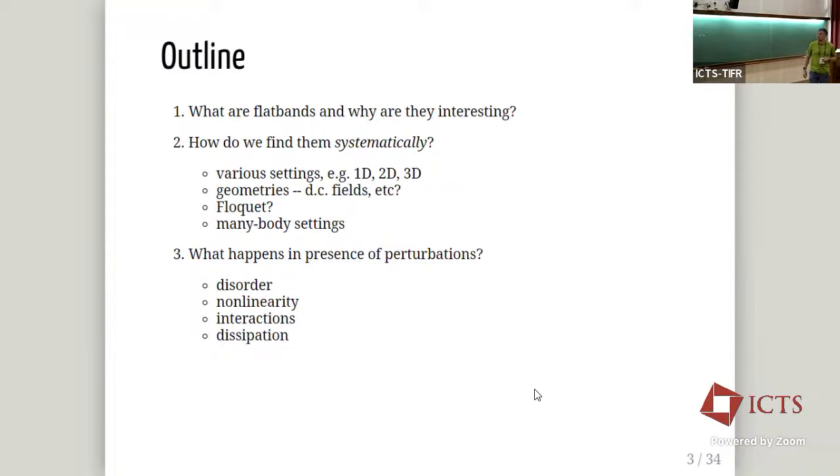We'll then discuss how we can construct them in a systematic way and basically on demand in various settings, varying the dimensions, the geometries, and briefly touch on Floquet and many body settings. And finally, once we hopefully present how we construct flatbands, I will describe what happens when we break them by doing various perturbations. And I will mostly focus on disorder, nonlinearity, and interactions.